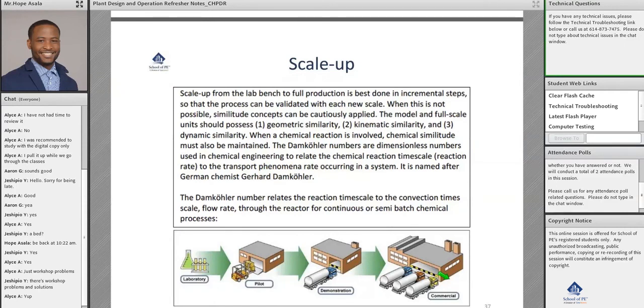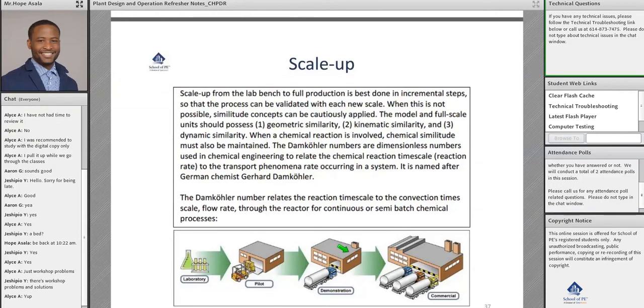We want the shapes of those things to look similar, or at least go with a ratio. So the ratio of the components must be similar. Remember we talked about capacity earlier, capacity indices and stuff. If we're going to scale up, we have to scale up appropriately based on how each unit operates. And if it's just a size thing like the turbine blade, we have to scale up with geometry.